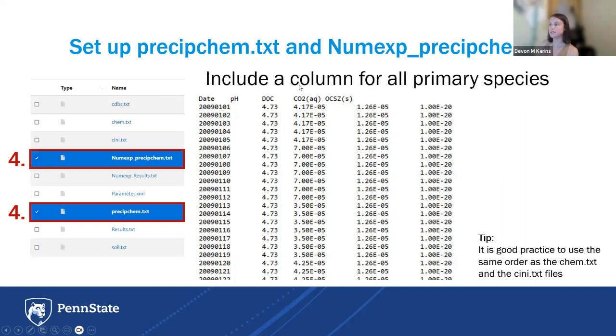So pH, DOC, CO2, which is all of our aqueous species, and then our solid phase last. And so these will be all of the concentrations for each day that were observed in precipitation. Or if you're using the numerical experiment file, it'll be if you're trying to see what changes in precipitation chemistry could happen and how that could affect your system.